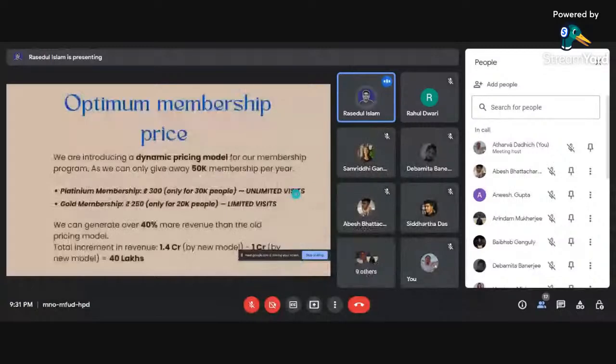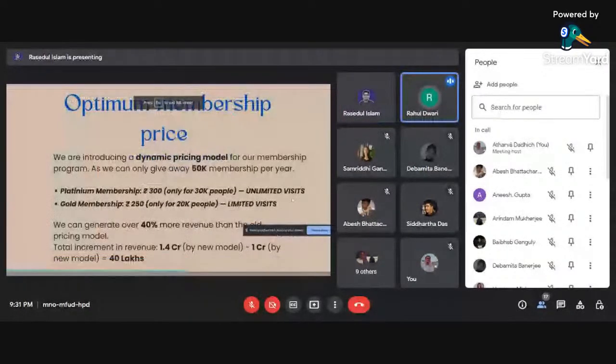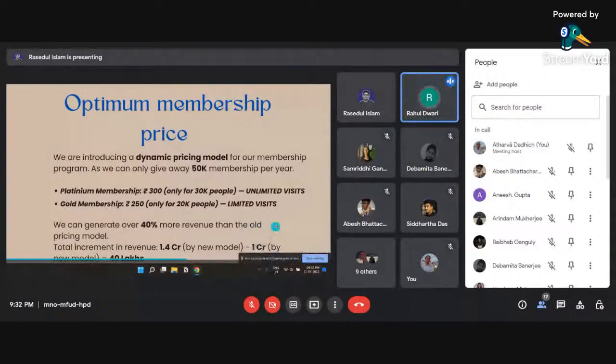Okay. We took the statement that every year 50,000 memberships are sold as a condition, and by assuming that we are introducing our dynamic pricing model, from the graph we can see that 30,000 people are ready to get the membership for 300 rupees. We will offer them a platinum membership by which they can get unlimited visits.